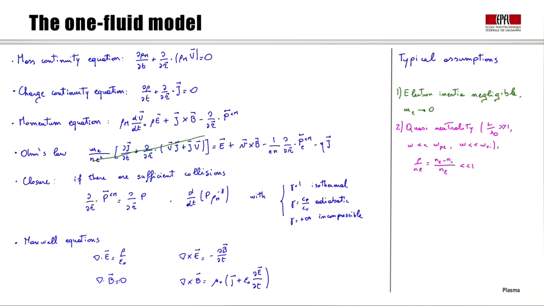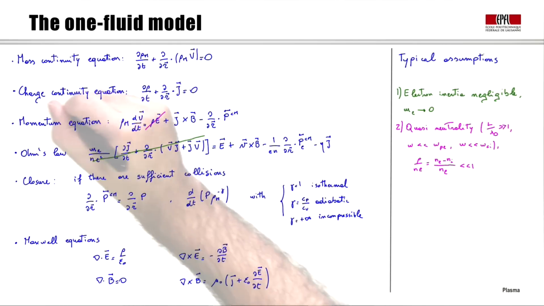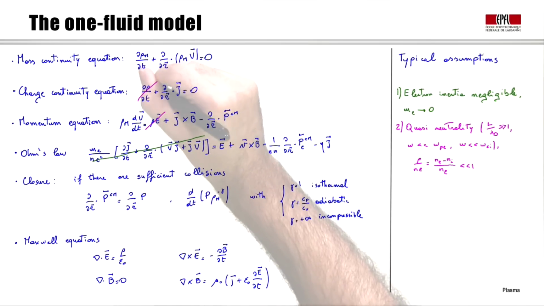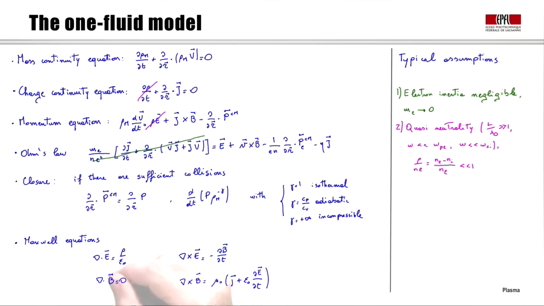In practice, what this means is that we can neglect the rho E term in the momentum equation, the d rho over dt term in the charge continuity equation, and also Gauss law becomes an equation that we cannot use anymore to evaluate the electric field.